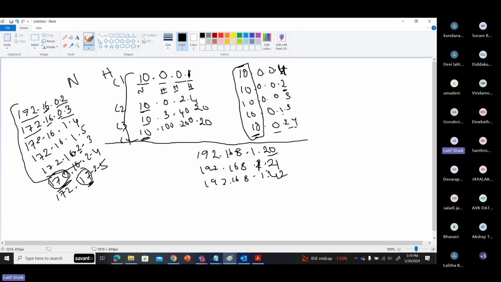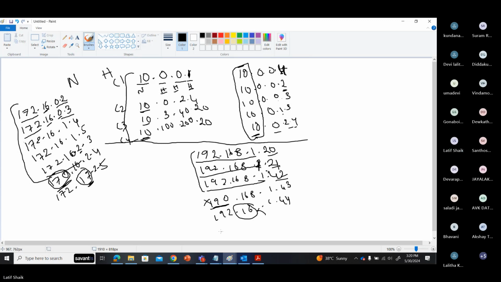See, only the host portion is different, and the network portions, the three network portions in class C, are all the same. So these three systems are able to communicate with each other. If any one of the network portions is different, it won't communicate. Any one of the portions being different, it won't communicate.